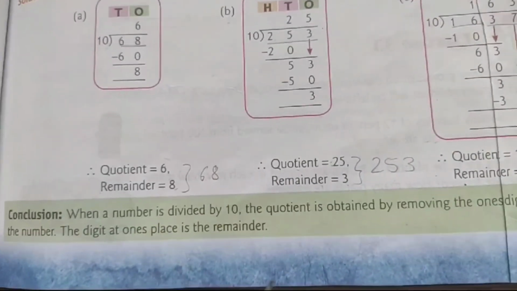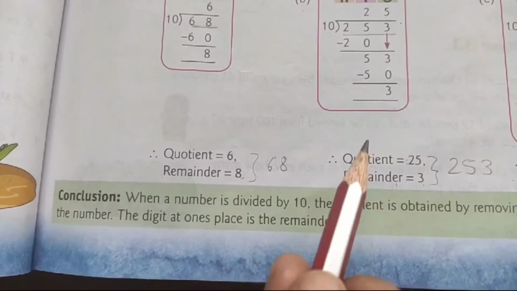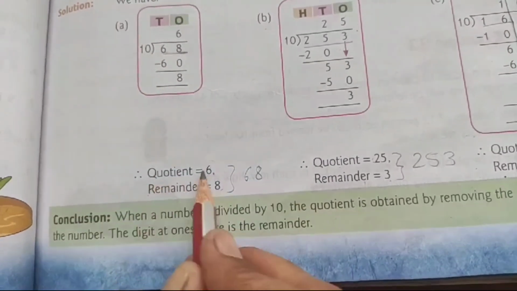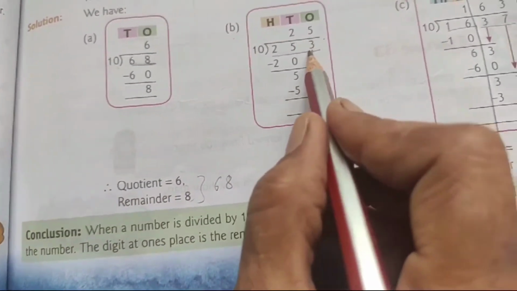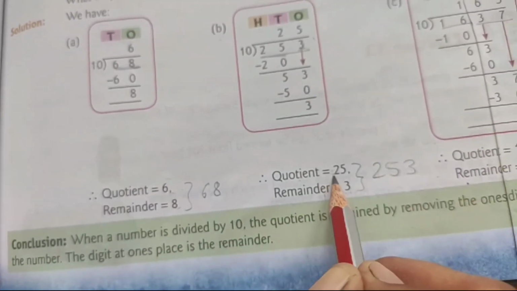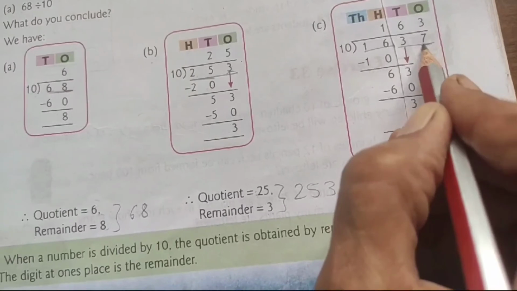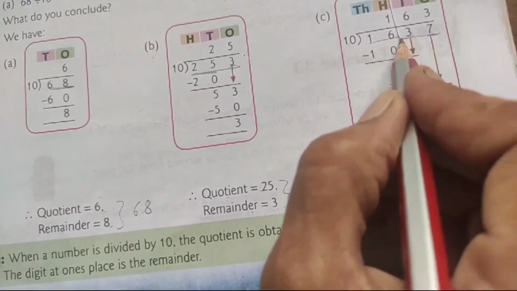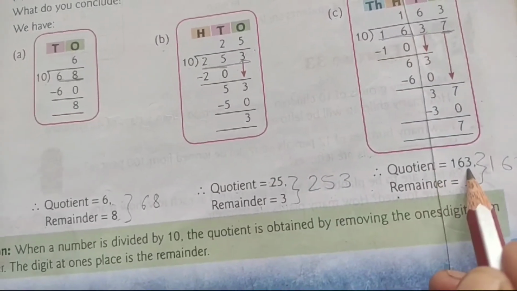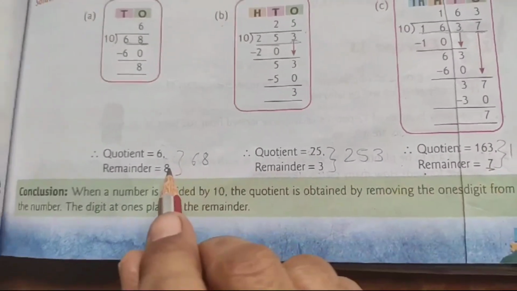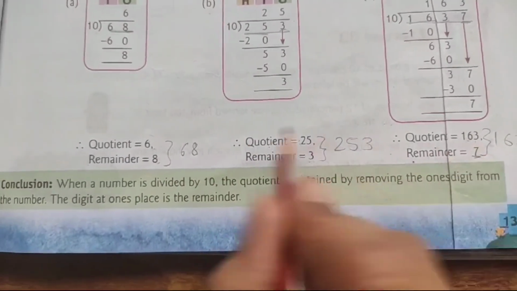So when you are dividing by 10, your ones place digit 8 is the remainder and the remaining digit 6 is your quotient. Here the ones place 3 is the remainder, 25 is your quotient. Here 7 at the ones place is your remainder, the remaining digits are your quotient 163. Understood? Write the ones place digit as the remainder everywhere and the remaining digits as the quotient.